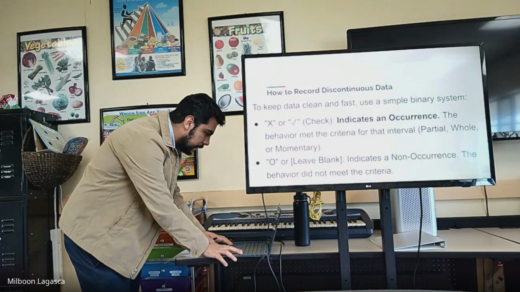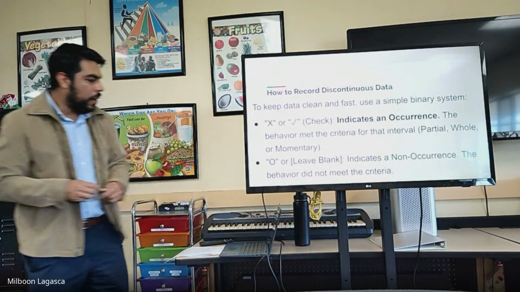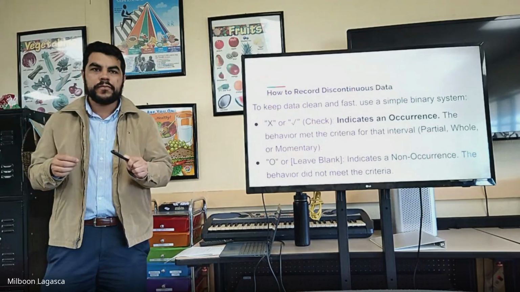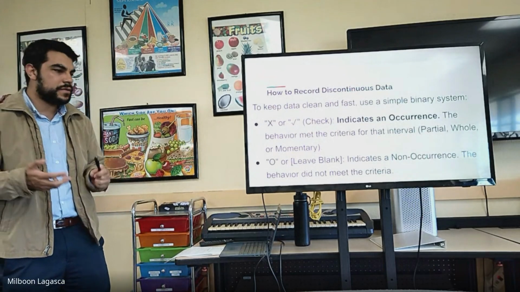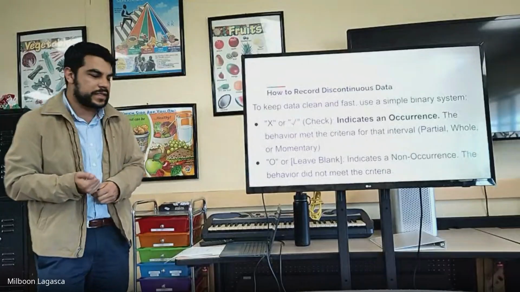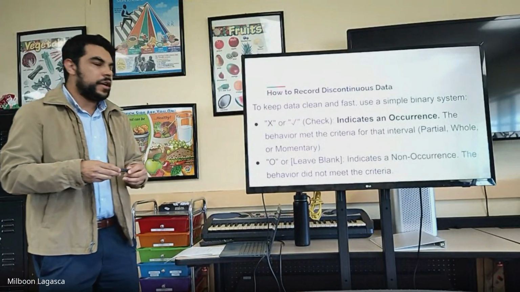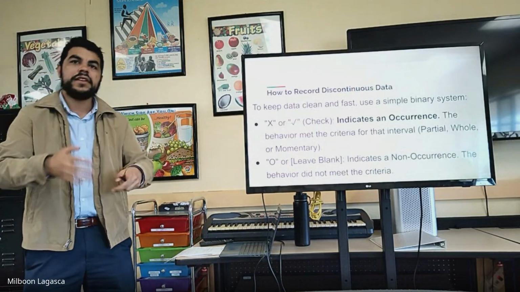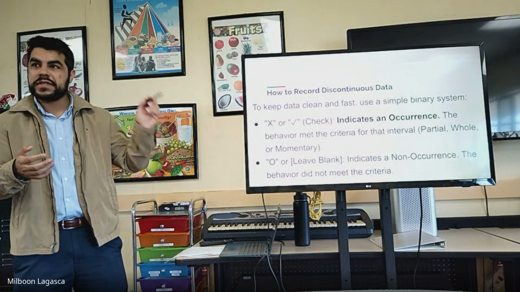And the way we track discontinuous data is as simple as we would with frequency. Let's say during the interval, and during that, let's say 1 minute, if the behavior happens, we would say it's an occurrence.